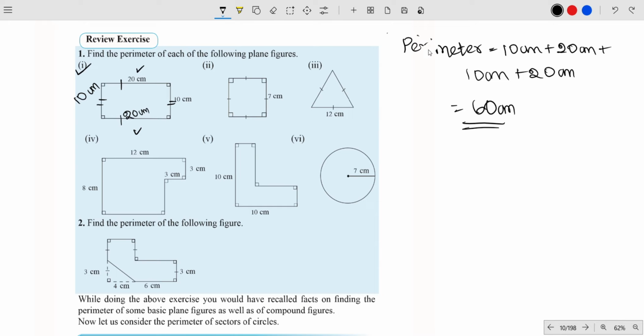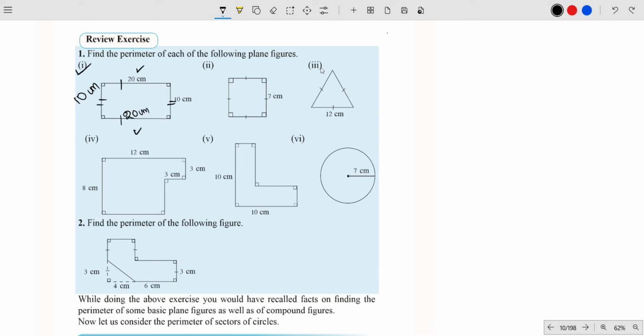Okay, in the second question, we can see a square. We know that the sides of a square have the same length. So this one is 7, it means all the sides are 7 centimeters.